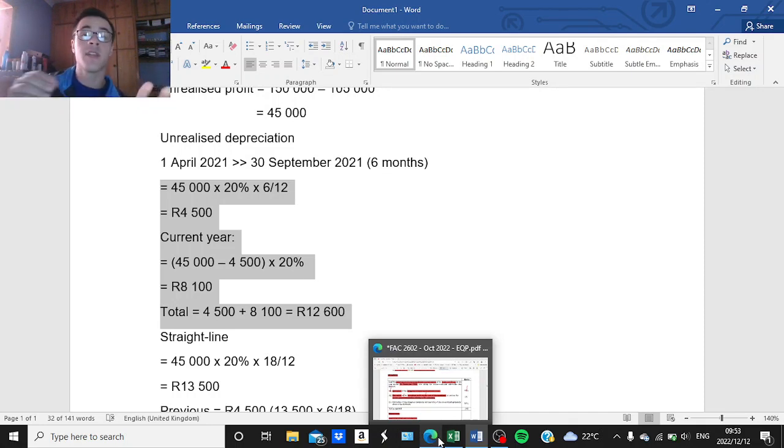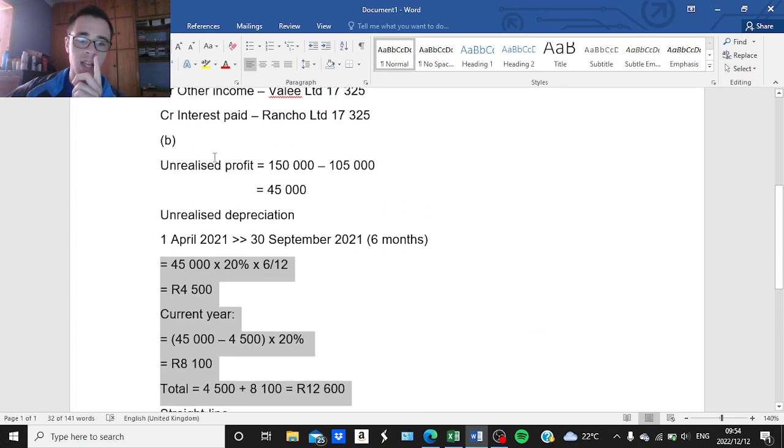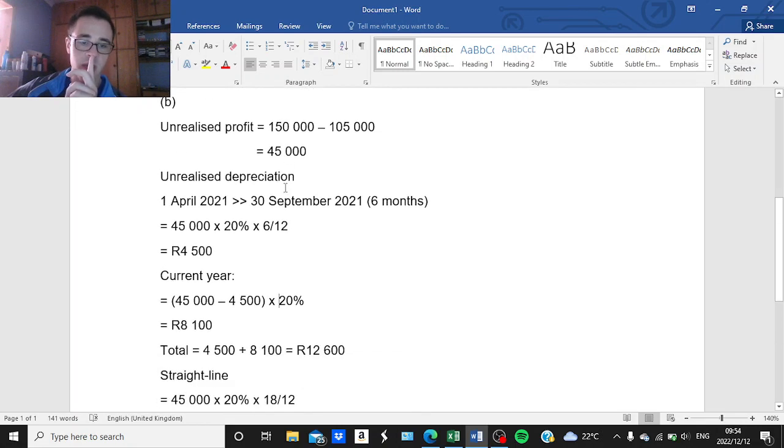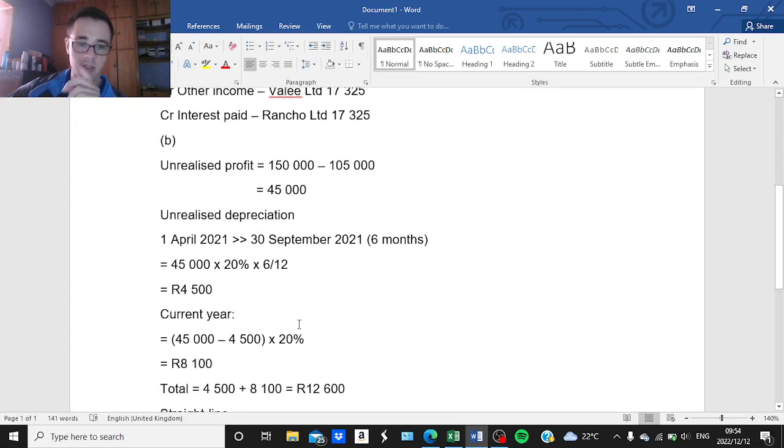In the case of an unrealized loss, the company that purchased the machinery would have provided for too little or insufficient depreciation. So it's very important that you distinguish between an unrealized profit and loss, because if you do not distinguish between those two correctly, your journal entry to eliminate unrealized depreciation would be incorrect.